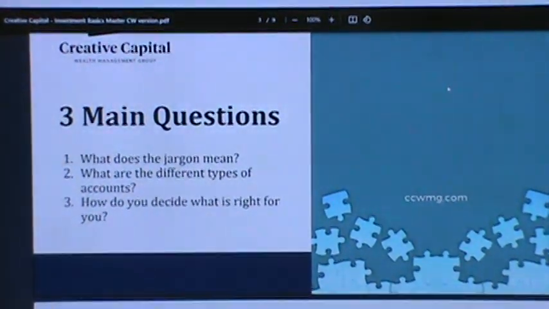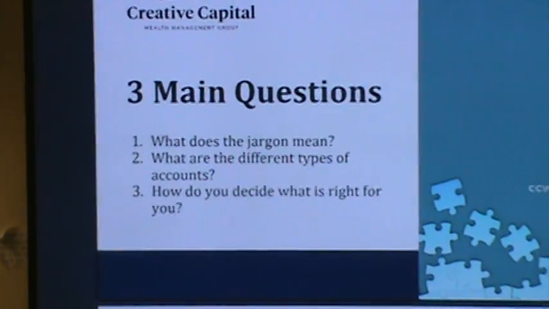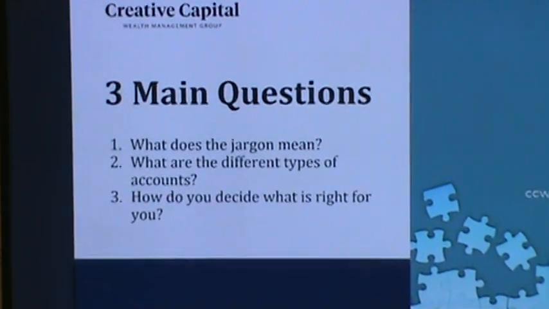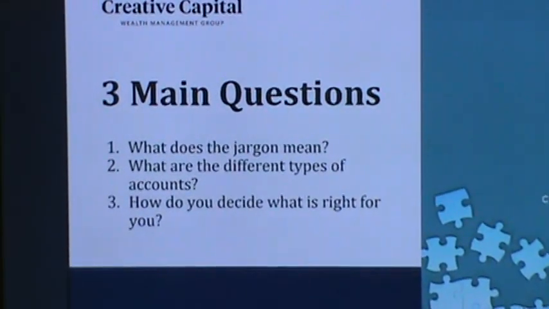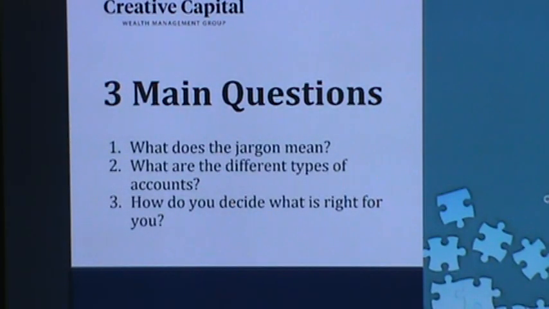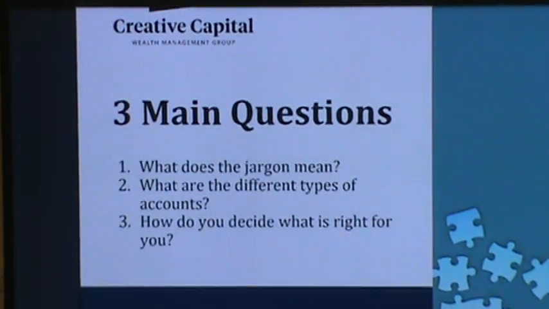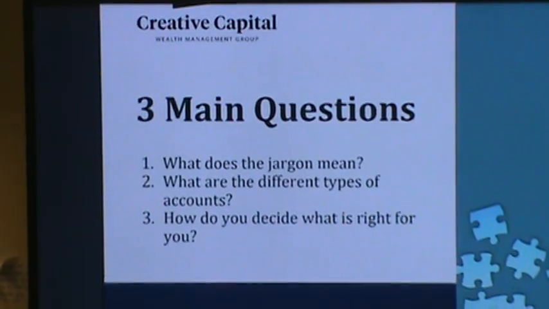So the questions that we want to try to get our hands around tonight: what does all that jargon mean when we talk about the stock market and making investments in stocks and bonds, and there's a bunch of other language that we'll touch on. What are the different types of accounts so that we can have a system for ourselves to categorize this? Where do I put these investments?